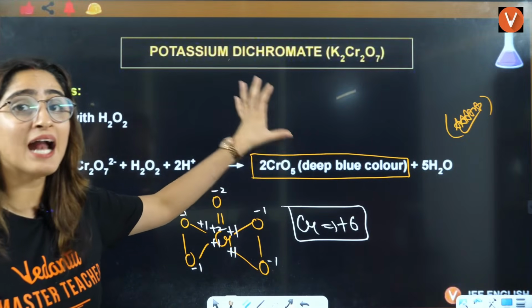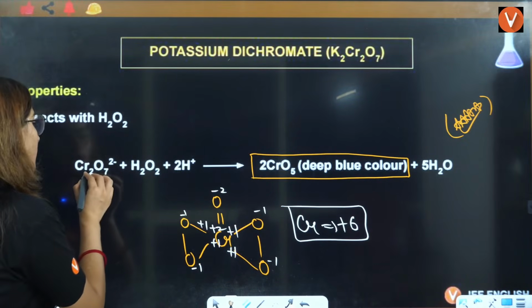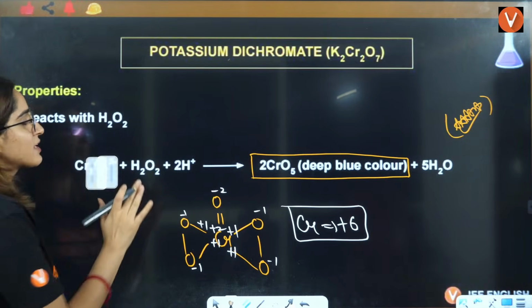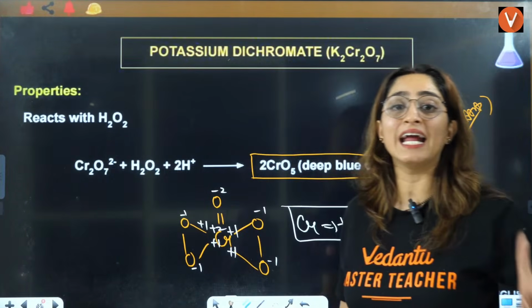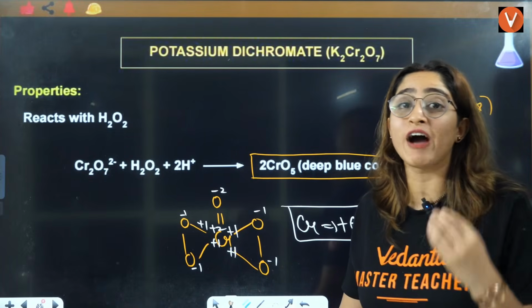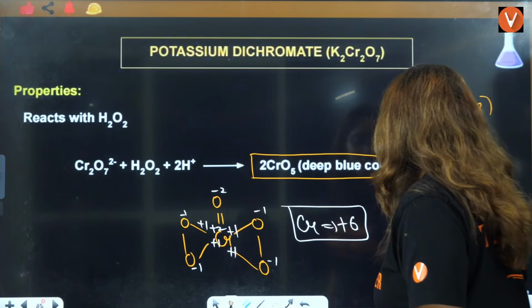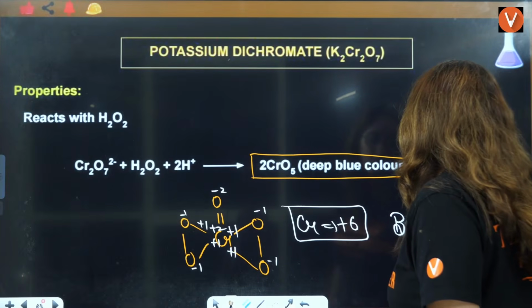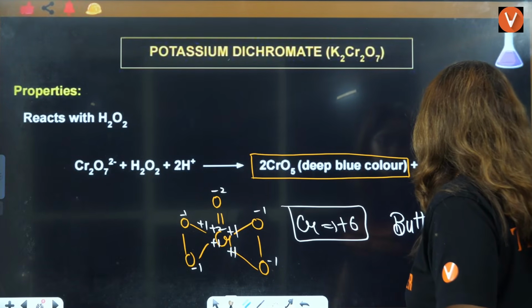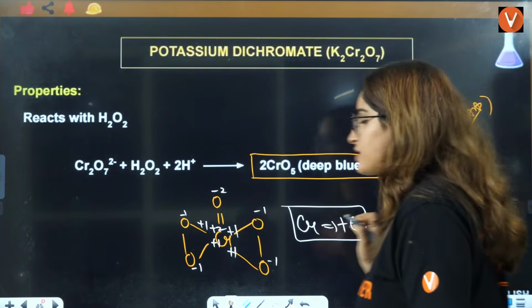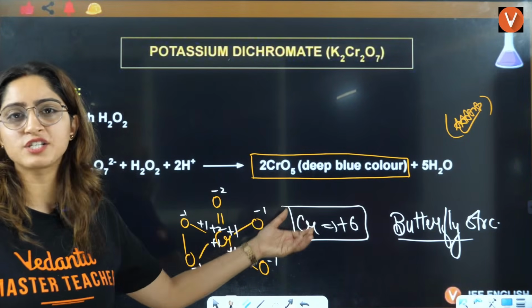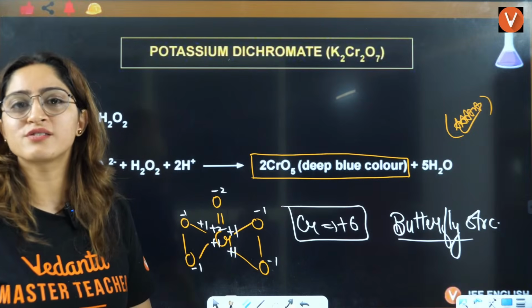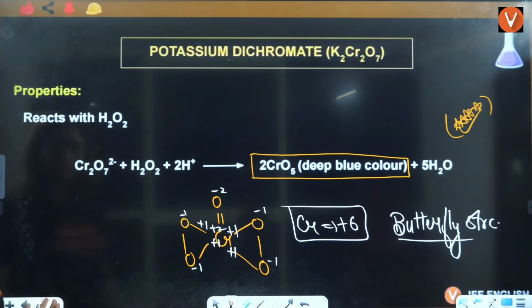Just remember that if potassium dichromate is reacted with peroxide, that is H2O2, it will give you CrO5 that has a butterfly-like structure. They can ask you this question, and they can intermix this with redox reactions to ask you the oxidation state of chromium here.